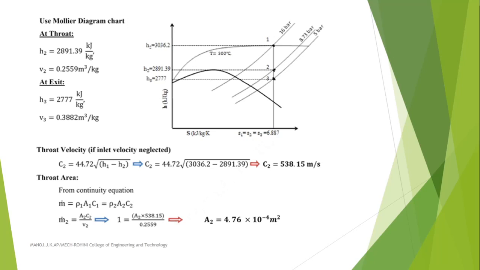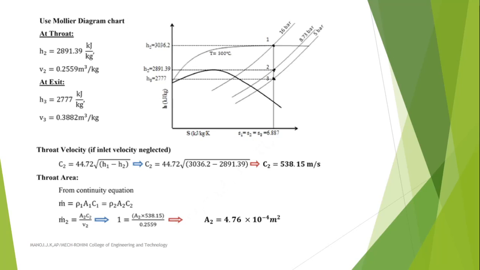Therefore, I have considered the second process, rho 2, A2 and C2. By simplifying, instead of rho 2, I've replaced it with 1 by small v2, this is specific volume. The mass m is given, and m will not vary, right? There is no possibility to escape.